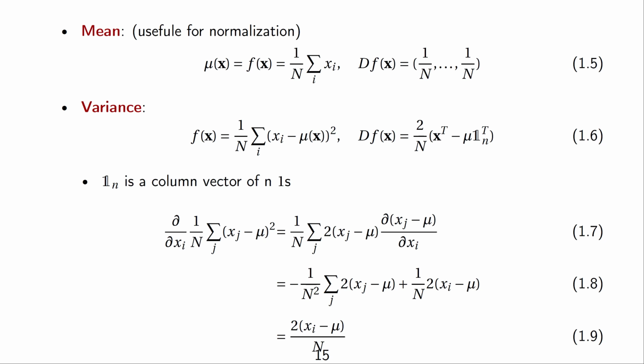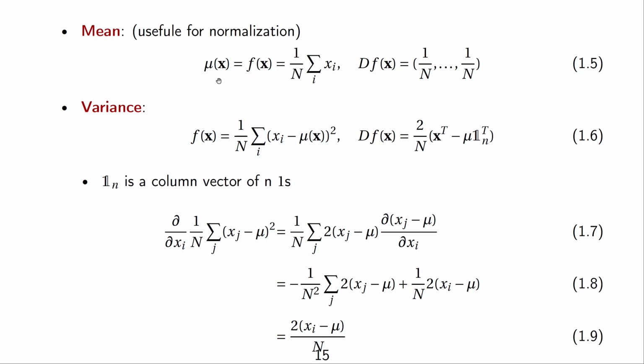All right, we learned about normalization, for example, batch normalization. And we need to make sure that we can actually backpropagate through normalization layers, that we are actually able to compute the derivatives of something like mean and variance.